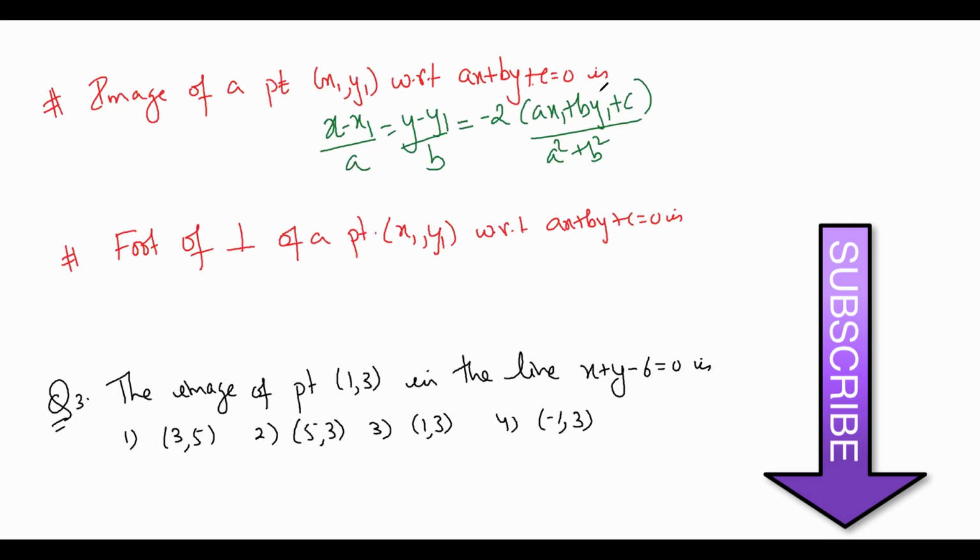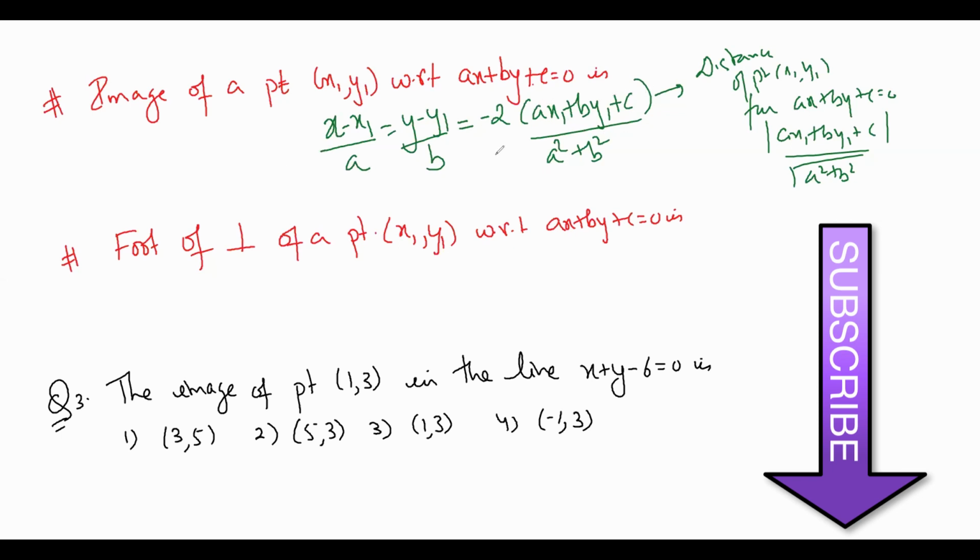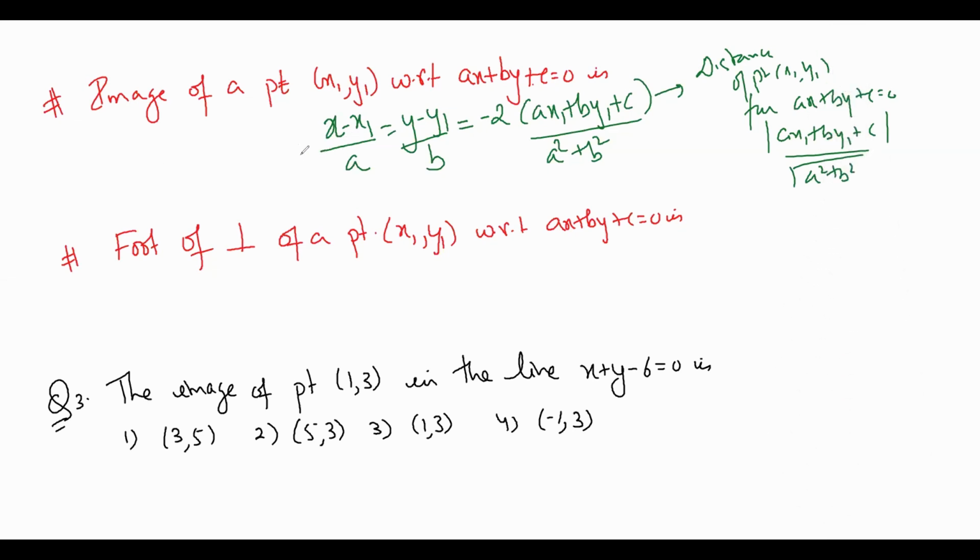And this is very easy to learn because this formula is very similar to the formula for the distance of a point (x1, y1) from a line ax + by + c = 0, and that formula is |ax1 + by1 + c| upon root of a² + b². Here we don't have the root, and we just put the sign minus, we just put -2 before the right-hand side. Okay, so this is how we obtain the image of a point.